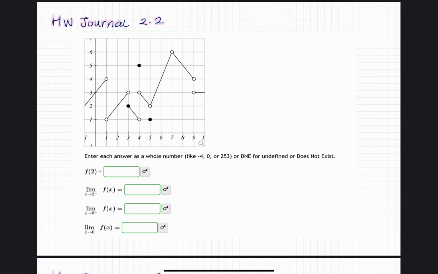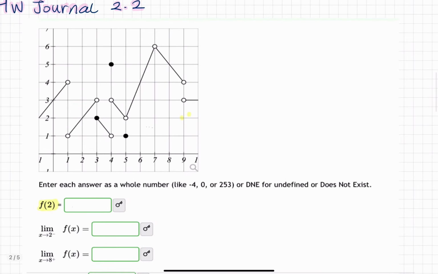So firstly, we can see there is a graph. Our first challenge is we're going to be looking for f of 2. Just a reminder, f of x often refers to the y value.